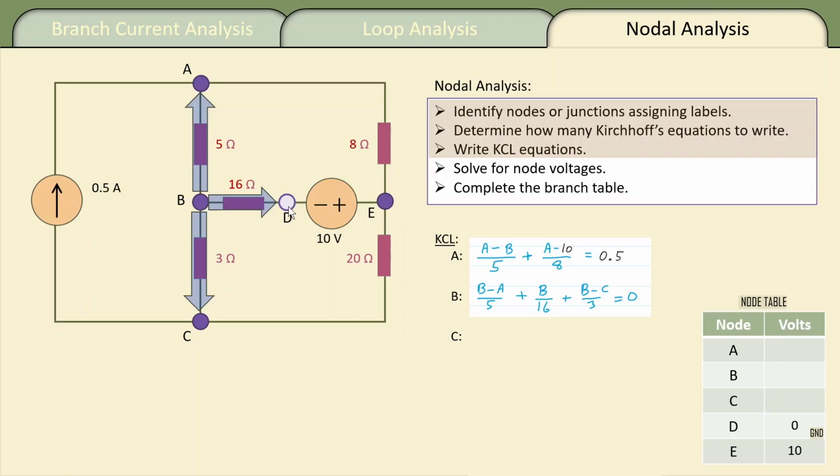Next, B minus D, remember D is 0, so B over 16 is leaving junction B, going over to node D. B minus C over the 3 ohms, that's the current going from B to C through the 3 ohms. Again, all of these terms can be positive, but it's okay to write the term as if the current is leaving the node.